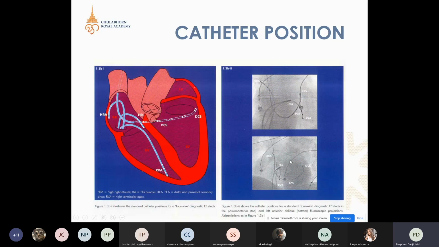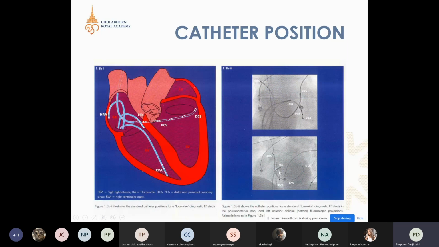When it comes to the LAO view, just imagine the LAO view. The apex of the patient's heart will be in front of us, just like this. The apex of the heart will direct to us when you see the picture.